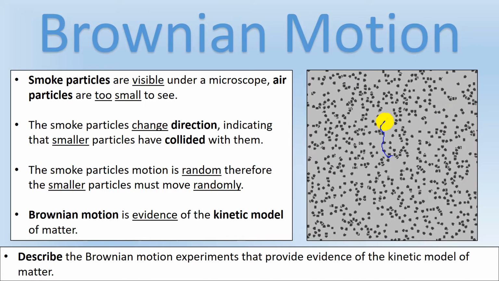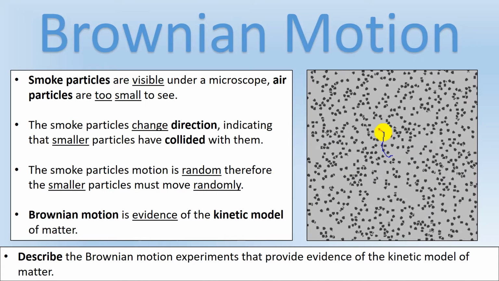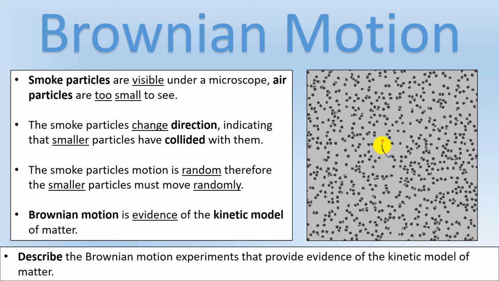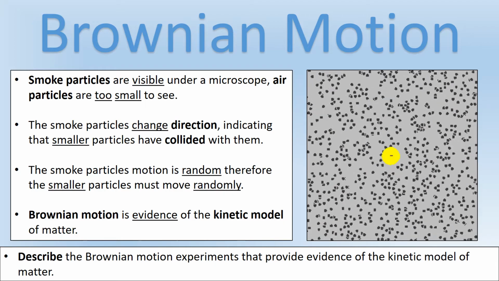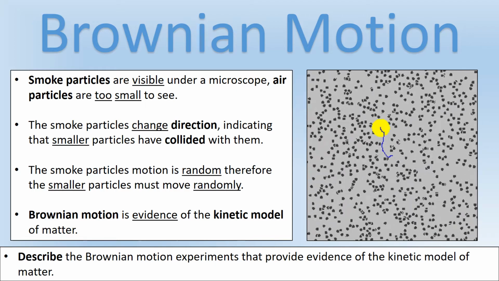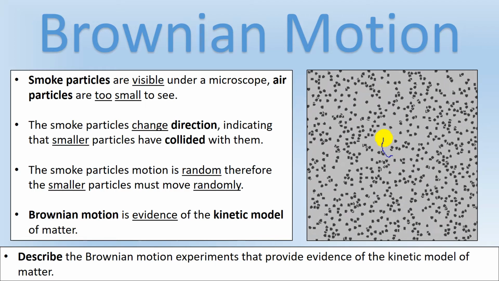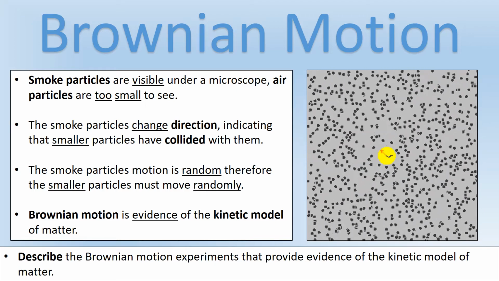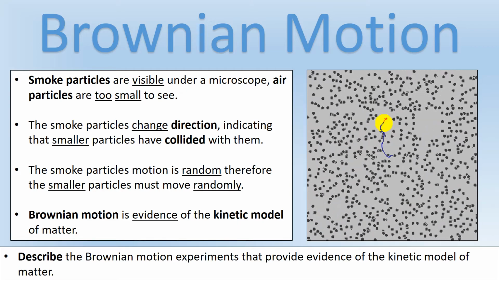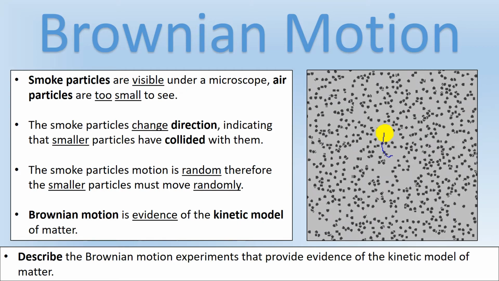Something must be colliding with the smoke particles to make them change direction, and our model of atoms comes from that idea. The fact that smoke particles appear to move completely randomly or unpredictably indicates that the particles they are colliding with are also moving in a random fashion.